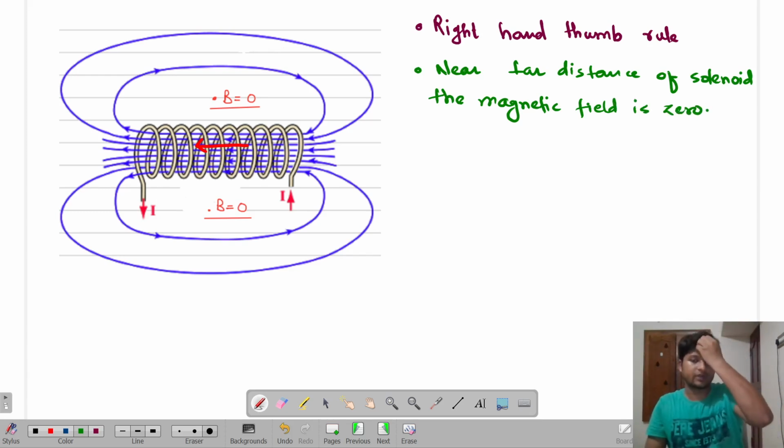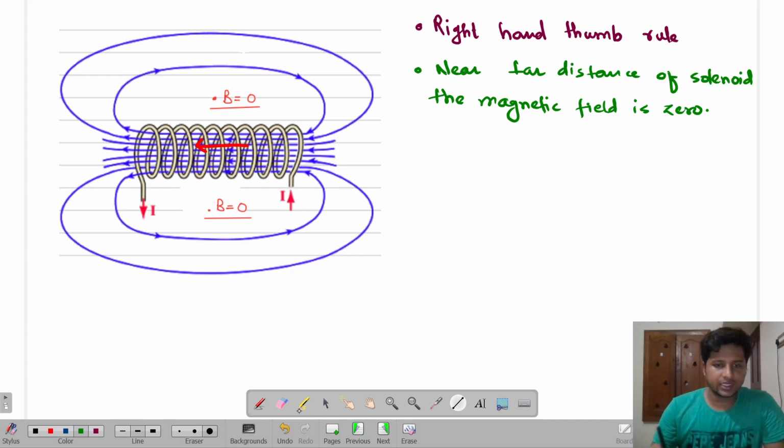Whenever I consider a near perpendicular distance of any kind of solenoid, the magnetic field is always going to be equal to how much? Zero over there. Are you able to get me or not? Is it clear? Write it fast.